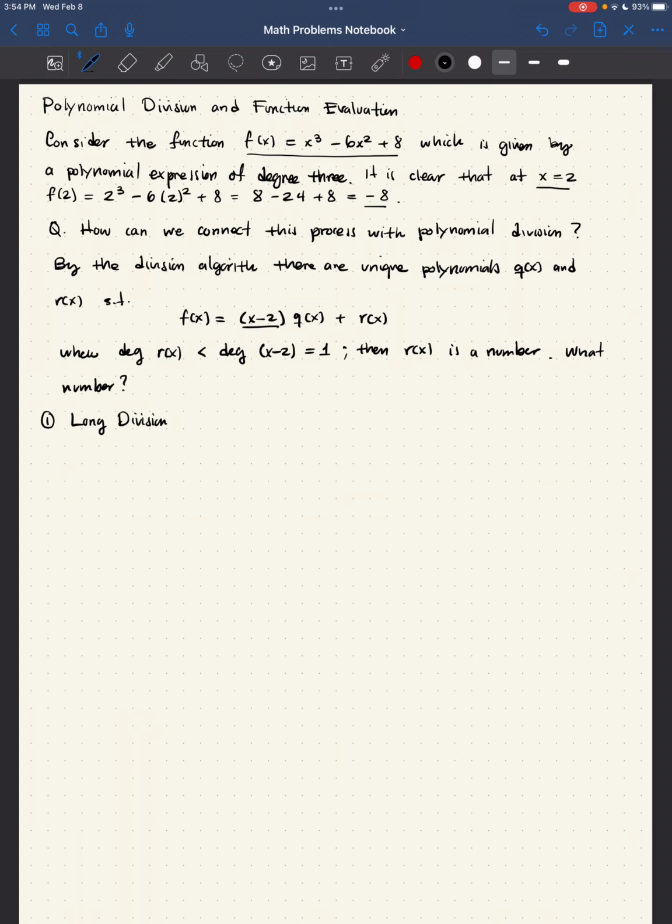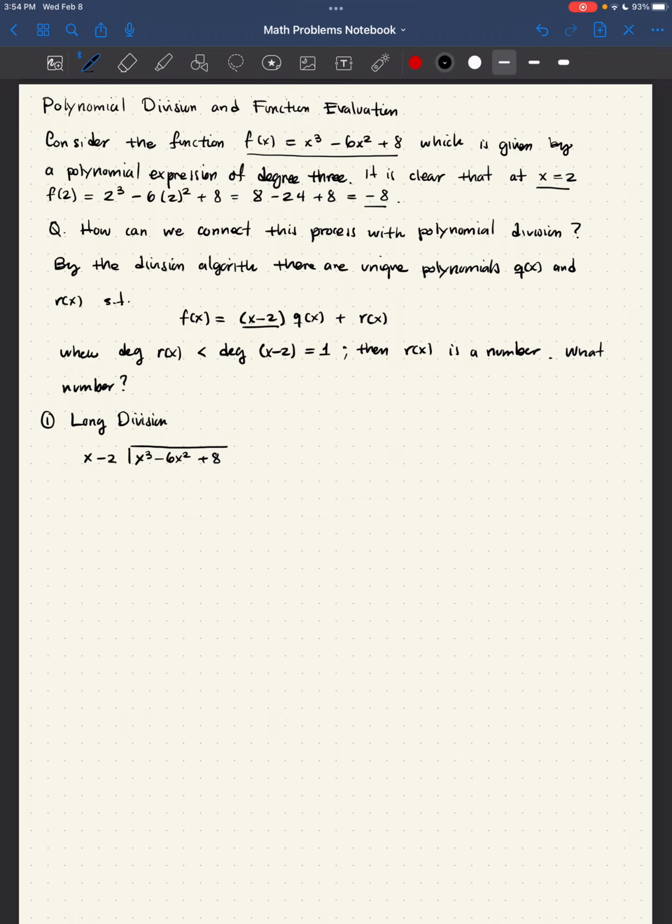So we'll do it. We have x minus 2 as the polynomial that we use to divide, and x cubed minus 6x squared plus 8 as the one that is to be divided.